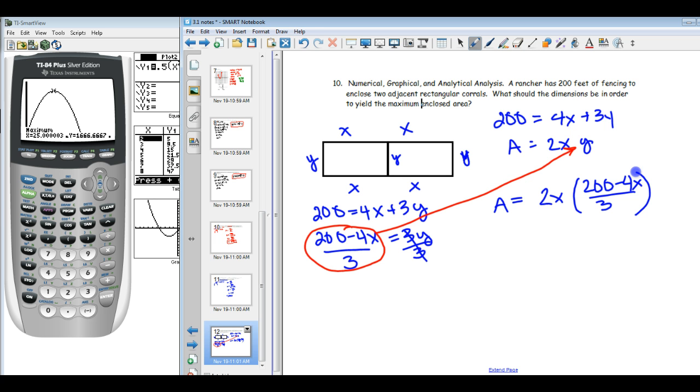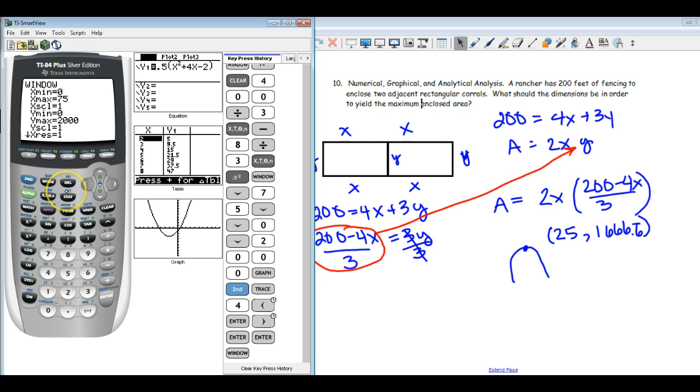Now, if you graph that on your calculator, you're going to get a parabola. And the vertex of that parabola is 25, 1666.6 repeating. You'll need to be careful, the window is a bit of a challenge here.